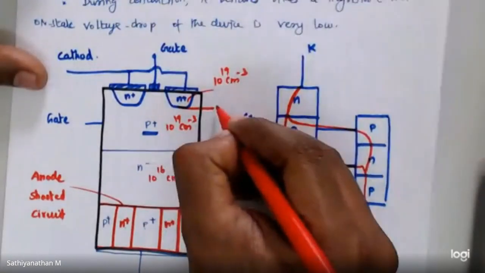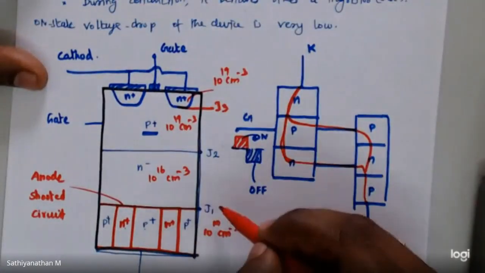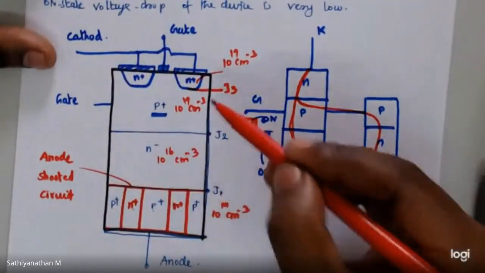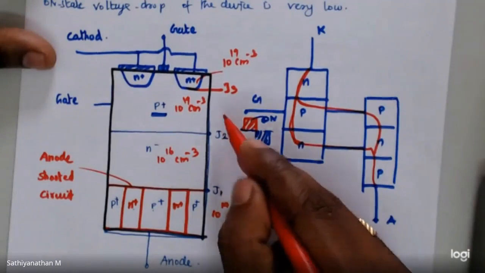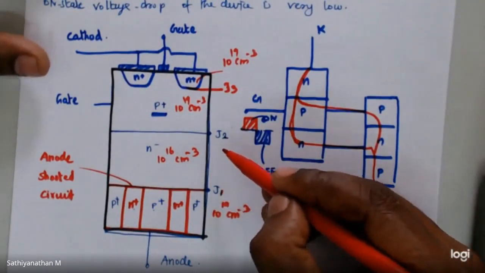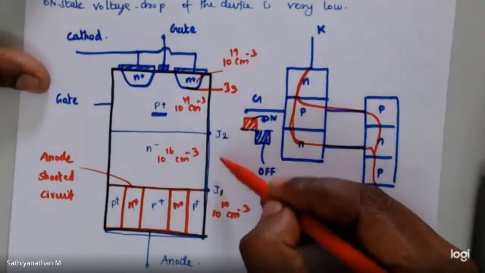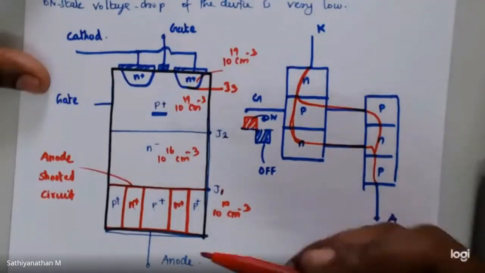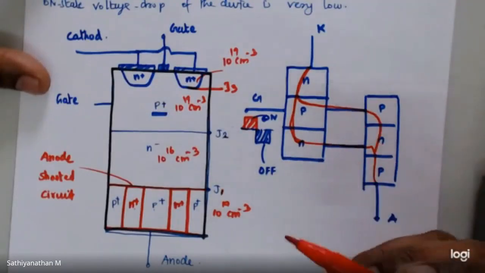This junction is J3. So there are three junctions, which is why we call it a three terminal, three junction device: J1, J2, and J3. The state of these three junctions decides the on and off process of the GTO.